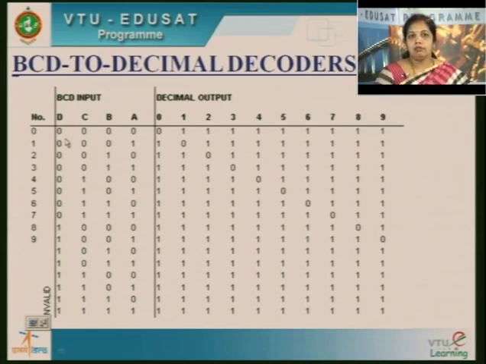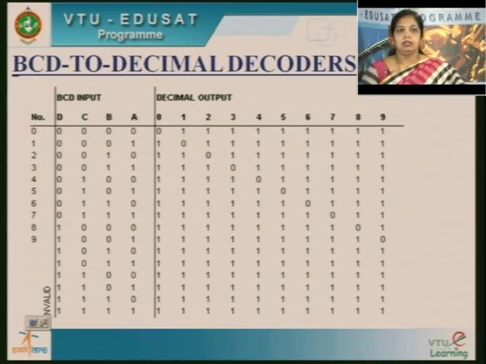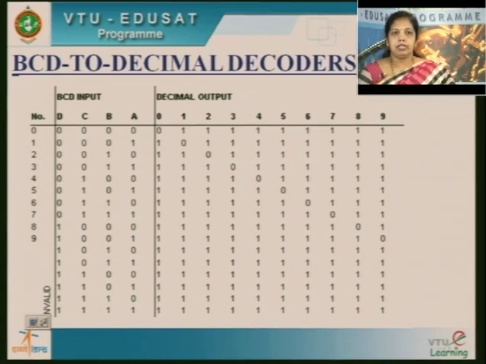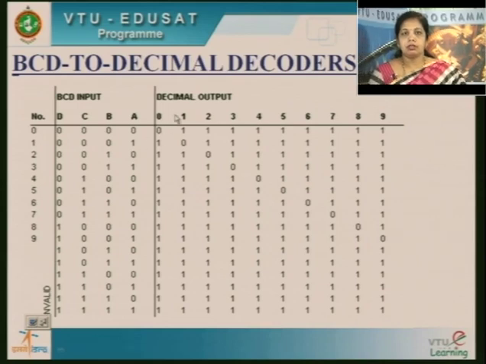Whenever I give input 0 0 0 0 to the decoder, since it's active low, the first output is low and the rest are all high. So at a time only one output is active here. Now I am generating decimal coding. For BCD 0, the output is 0 here. Similarly for 1, the output is active low at this pin.